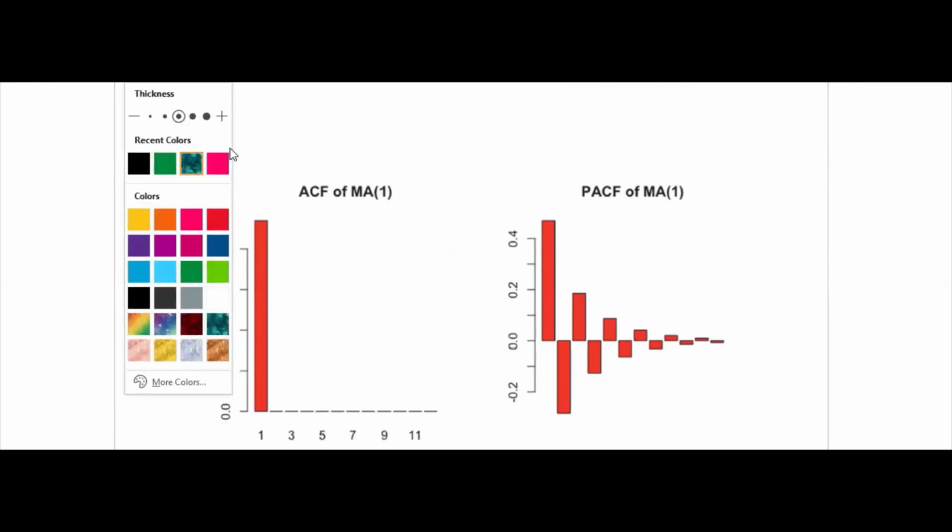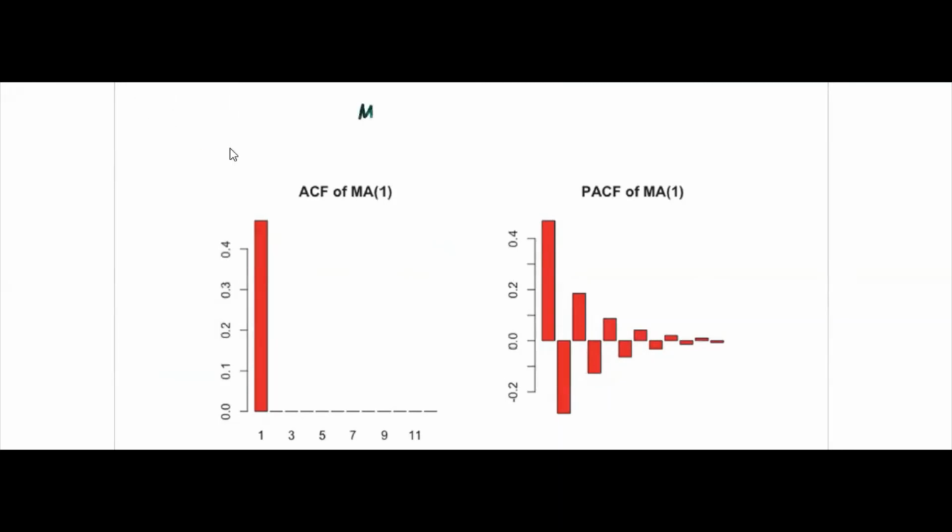If you come to the MA1 process, if you write xt, that will be equal to et plus beta et minus 1. Fortunately, mathematically we also proved it and got rho 1. In the MA1 process we got rho 1, and from rho 2 it was 0.